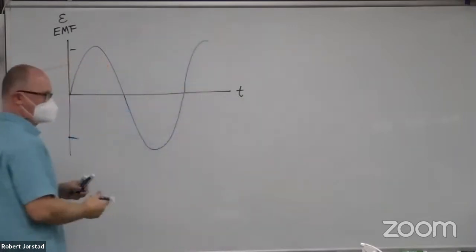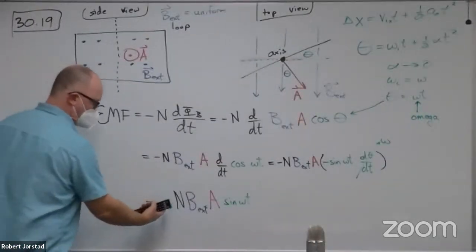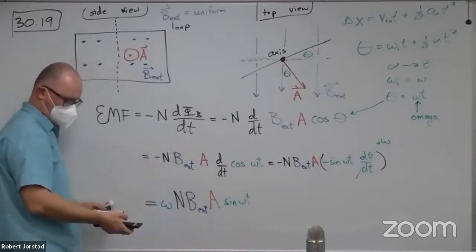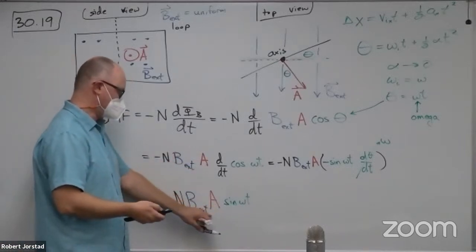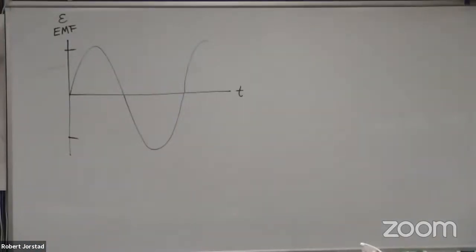Now, our example is a little bit different than the one we saw in the simulation, because ours was using a uniform B field, and theirs was kind of non-uniform. The idea here is, what is this amplitude here? What's the amplitude of this function? WNBA, which we really know as omega, but it's easier to remember as W. Okay, so this is going to be the amplitude, and it's a sine function. So this would be omega N B A.